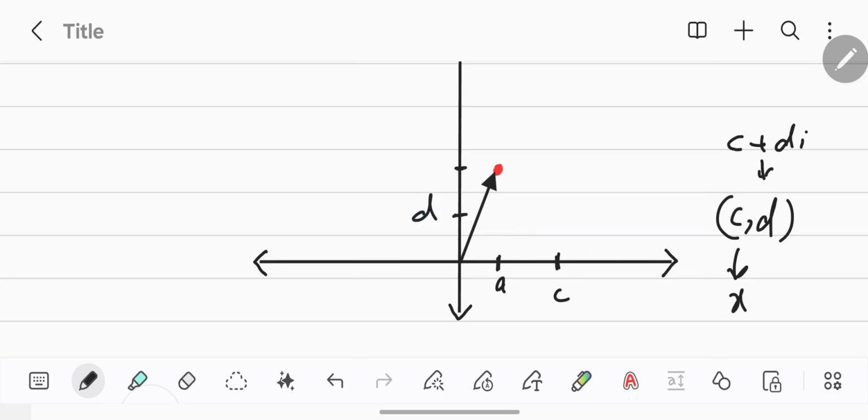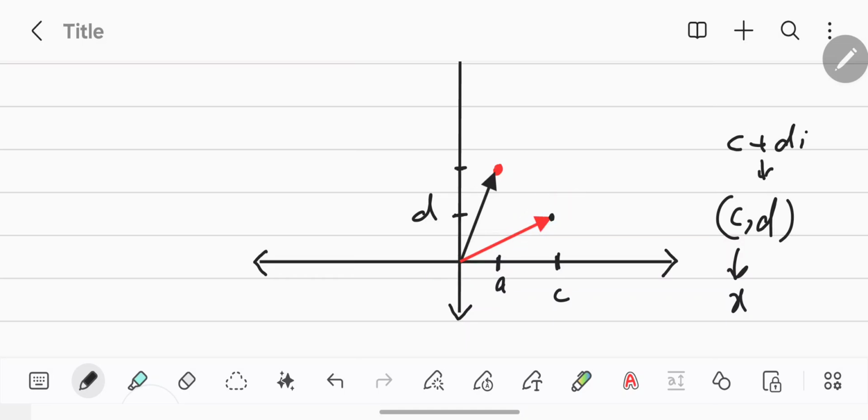First I will draw two lines, this line and this line. This is the point of intersection of both. So this is actually c comma d. I have drawn a vector whose tail is here and whose head is here.